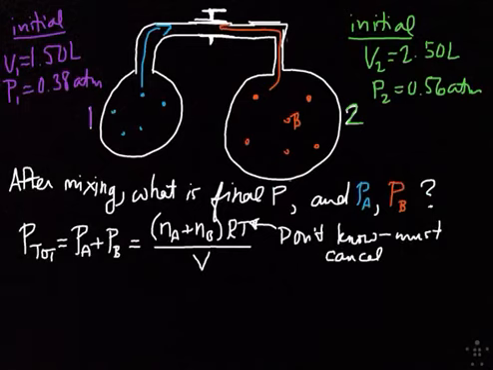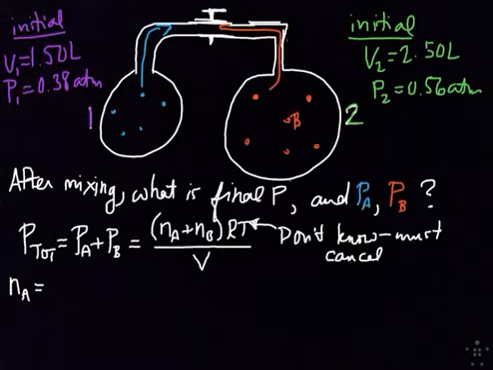Well, we know that the number of moles of A is going to be the same at the beginning and the end, right? And it's going to be at the beginning, the pressure in 1 times the volume in 1, those initial pressures, divided by RT. Again, we don't know RT.